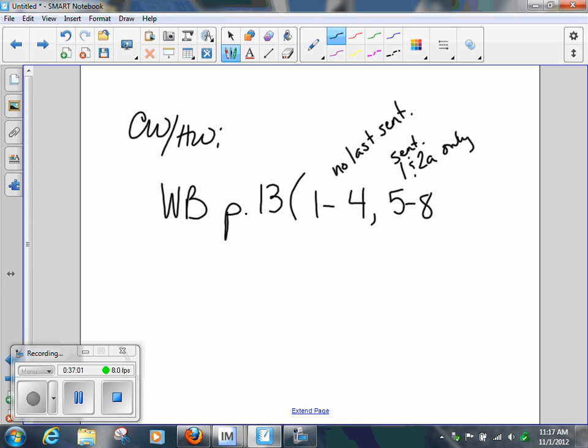And then like 12, just do like 11 and 12. No? It's not the whole page. I can assign the whole page. Okay. That's what I thought.